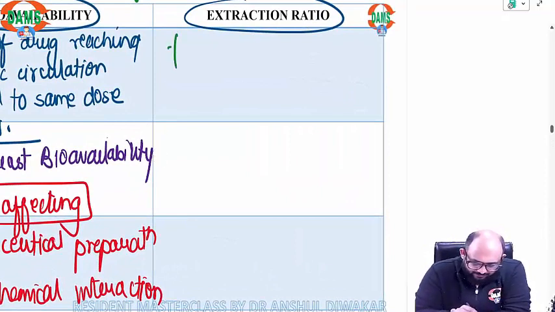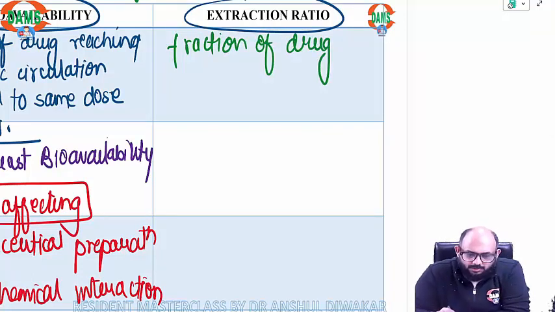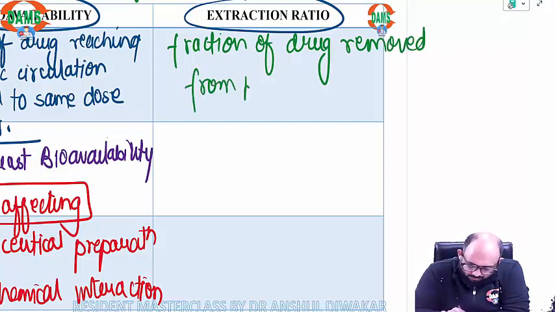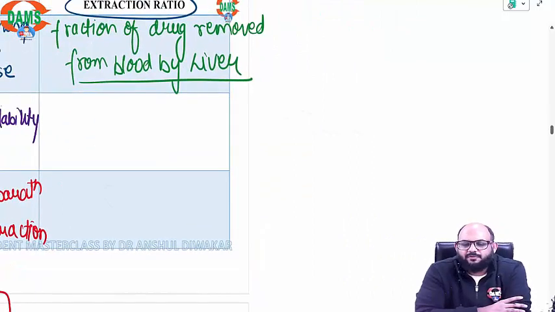It is the fraction of the drug removed from blood by liver. That is for liver, metabolism by liver. Fraction of the drug removed by the liver from the blood.